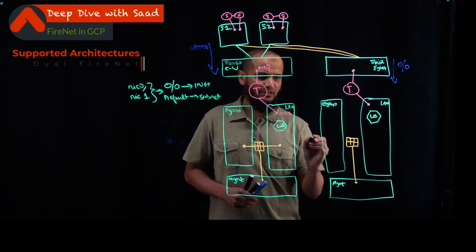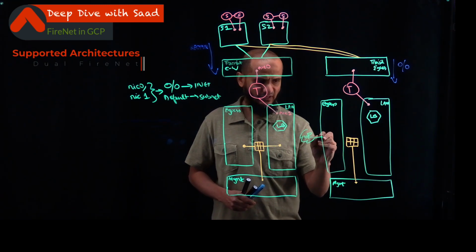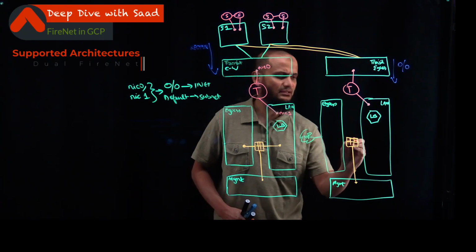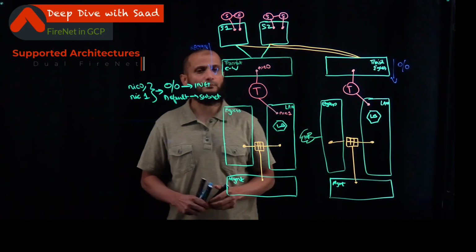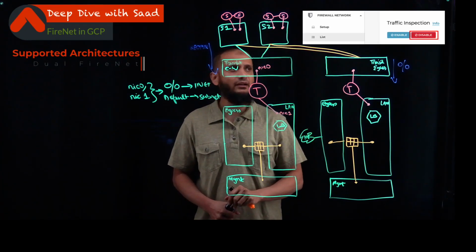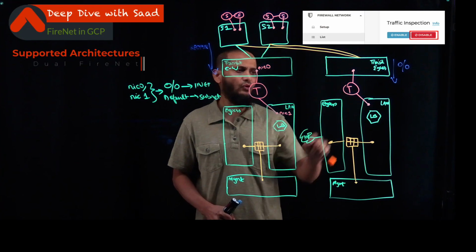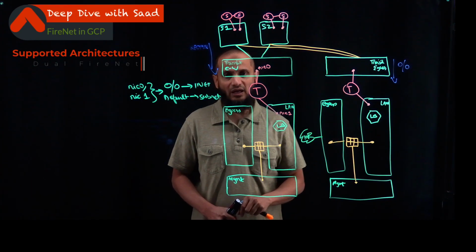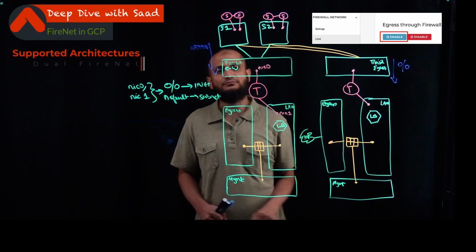Since this is the egress VPC, we will have internet connectivity through this, and the firewall is going to have its NICs into each of these VPCs like this. You want to make sure when you have dual FireNet that you should always disable the inspection for the transit FireNet gateways for your transit egress, and enable the egress through the firewall on the transit egress.